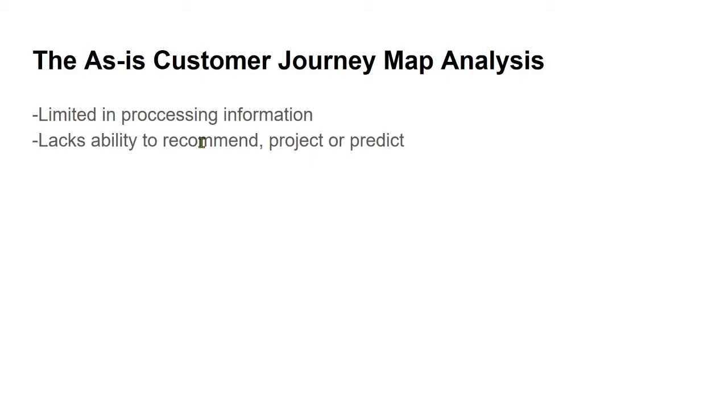So, the as-is customer journey map analysis lacks the ability to recommend, project, and predict what will happen and what the best approach is for the journey map's subsequent phases and stages, which is a bottleneck in this process.